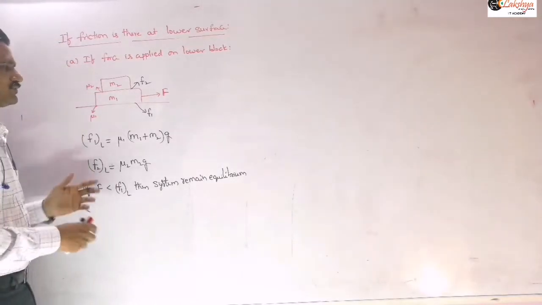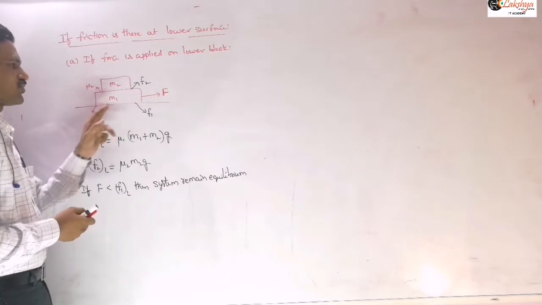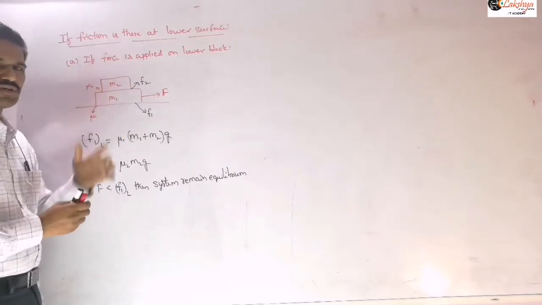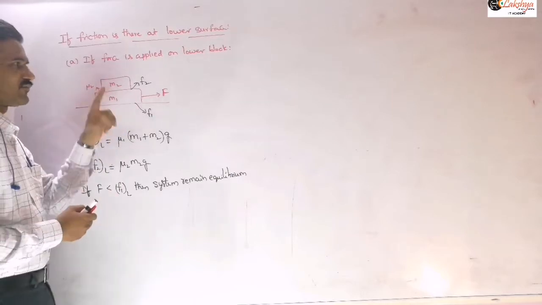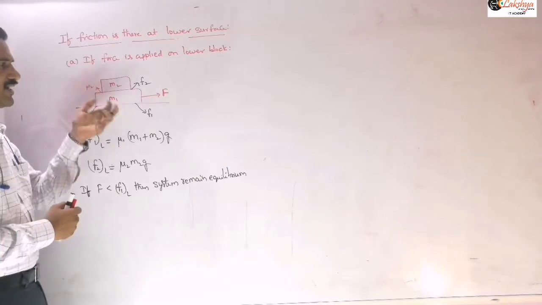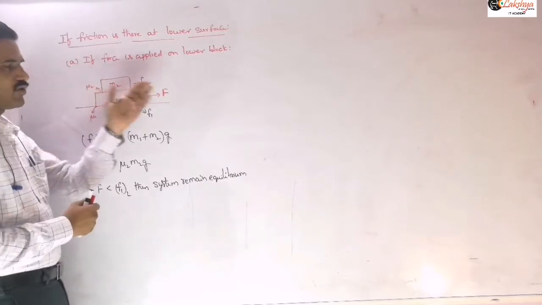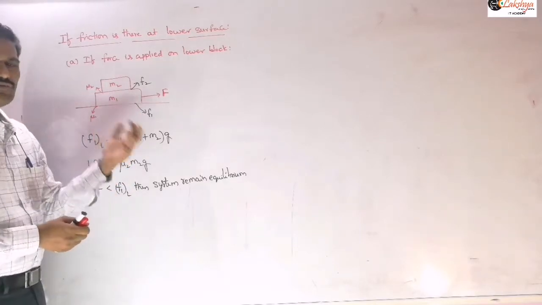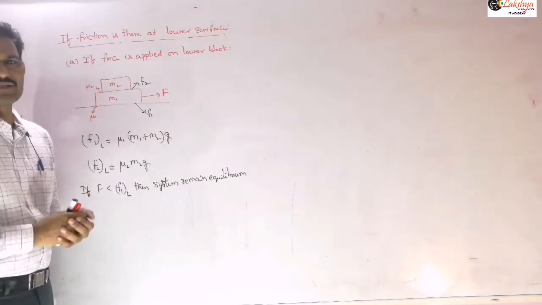In that case these two forces will balance each other, and so there is no force acting on this block. That means the friction F2 value will become 0 if the system remains at rest, because there is no force acting on the system in the horizontal direction. That means there is no tendency; if the lower block is moving, then there may be a tendency for the upper block.